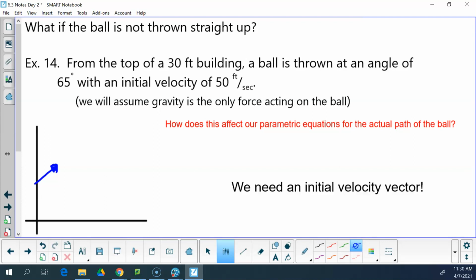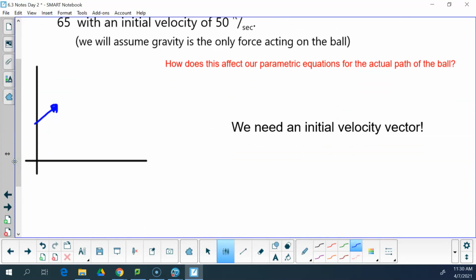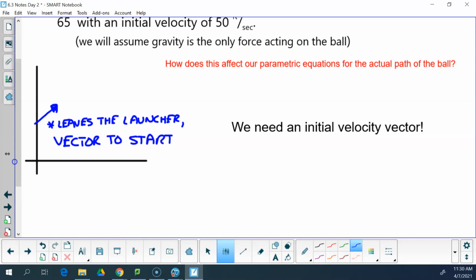So what we need is an initial velocity vector. What we need is this blue vector here, because when it leaves the hand or leaves the launching device, we need that vector.